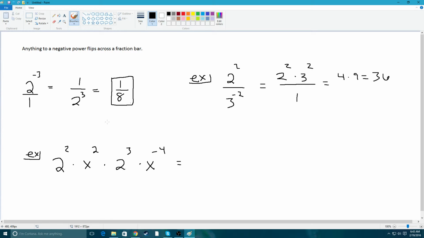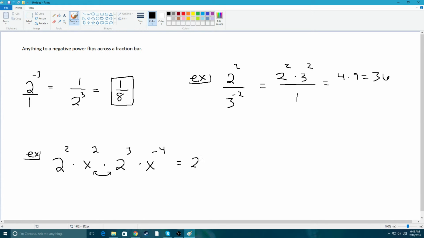So here's our example. What we can do, because we're multiplying, remember 2 times 3 is the same as saying 3 times 2. So we can switch the order of these around. So I'm going to switch these two around so that way I get the equal bases next to each other.